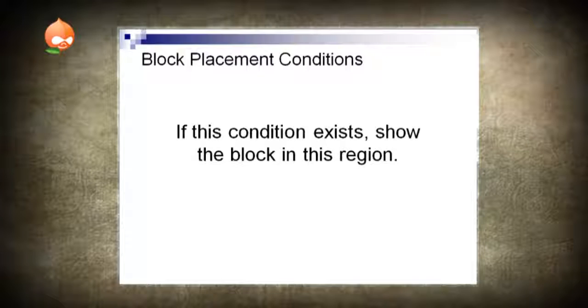And your builder or developer is probably going to be the one who influences the conditions. So for example, if the path is X, then show this block in this region. If this menu item was selected, show this block in this region. There's lots of options available to the developer. And as the designer and the planner of these layouts, you may have an opinion of what conditions should be met. You might want to work with them closely on that, but that's typically how it works.